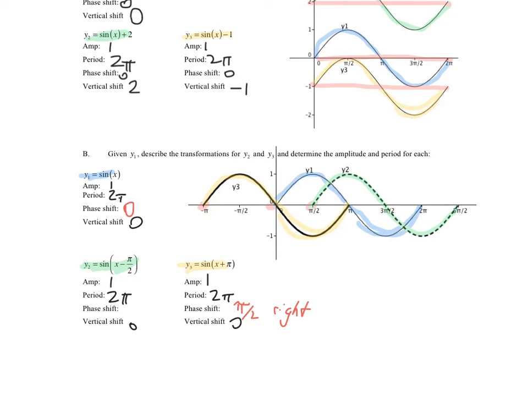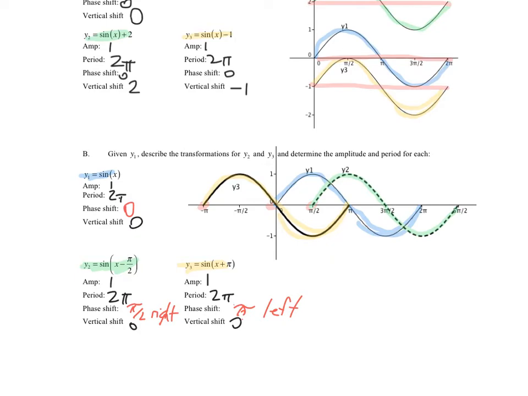And the phase shift is going to be pi left for the last one. So those are the key characteristics.